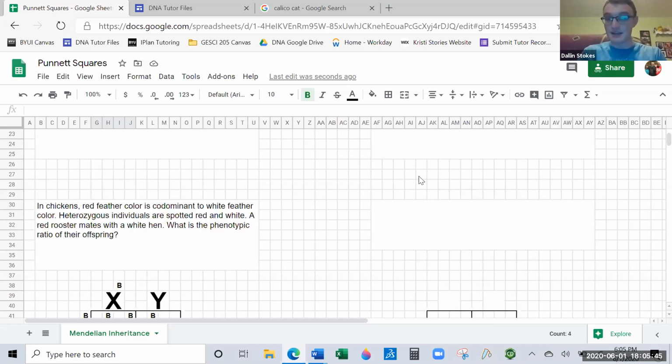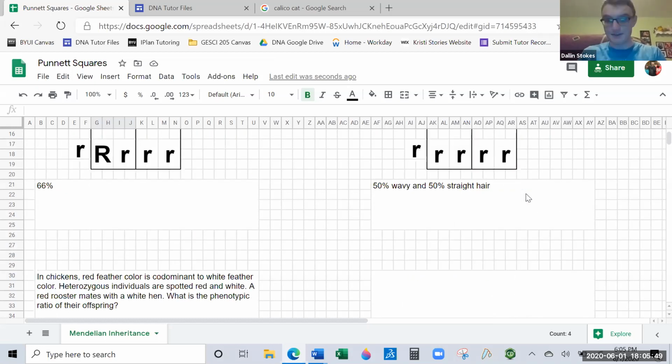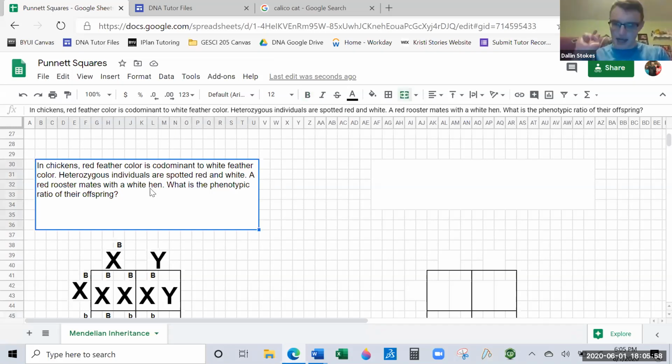There wasn't a wavy-haired allele up here, or there isn't a pink flower allele in those red crossed with white ones that you run into in your homework. With codominance, the difference is you get spots. There are patches of black and yellow, or like your traditional milk cow of black and white.